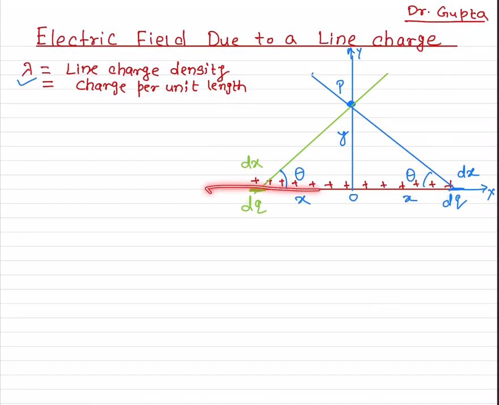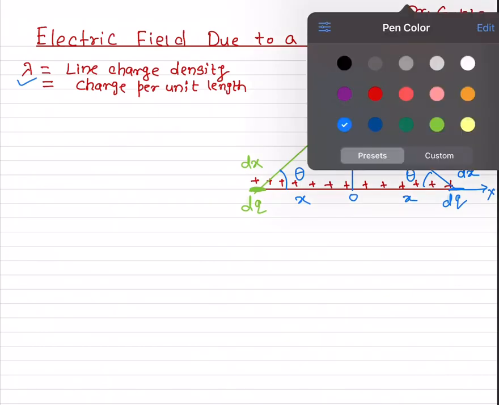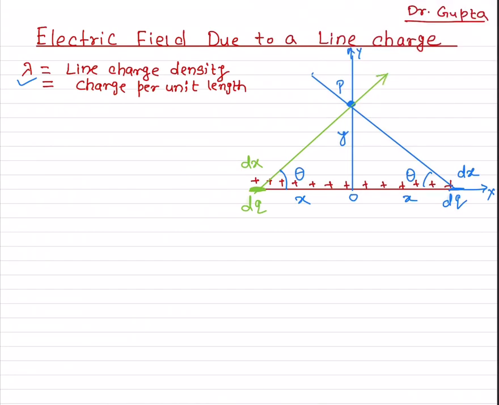Now let's find out the direction. This is a positive charge, all right? And we remember the electric field due to a positive charge is away from the charge. So if we take the tiny positive charge here, the electric field due to this tiny charge at this point will be away. So this will be the direction.